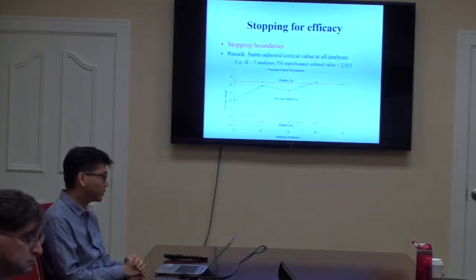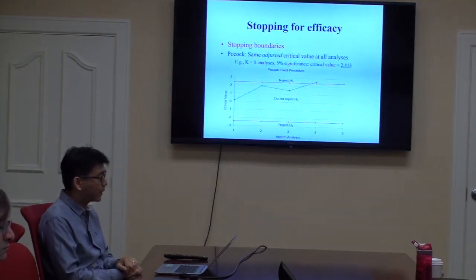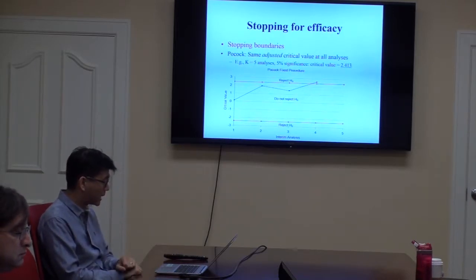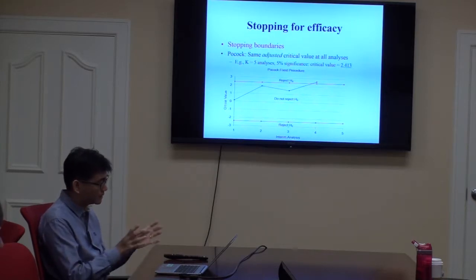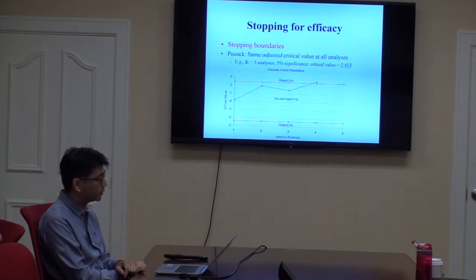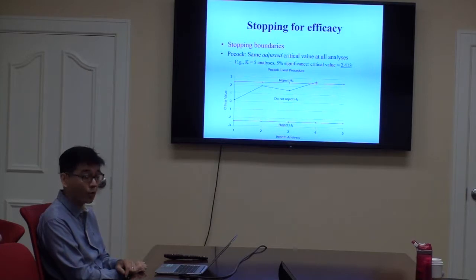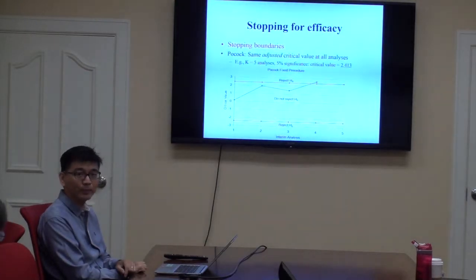So this is the motivation for the first stopping boundary by Pocock in the 70s. If we have 5 analyses planned at equal spacing, then in order to keep the overall type 1 error at 5%, the critical value should be 2.413, meaning that at the end of the study, if you get a Z value of 2, you will not be able to reject it.